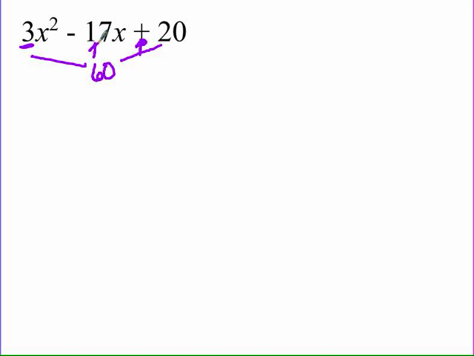What are they? 12 and 5. How do you get a -17 from 12 and 5? Make them both negative.